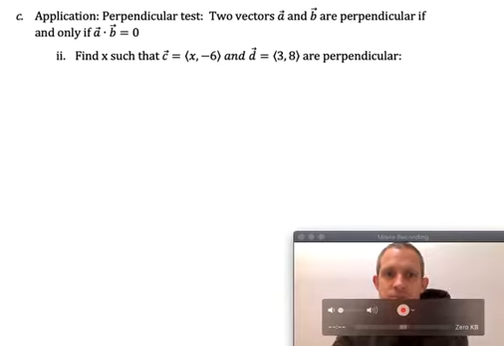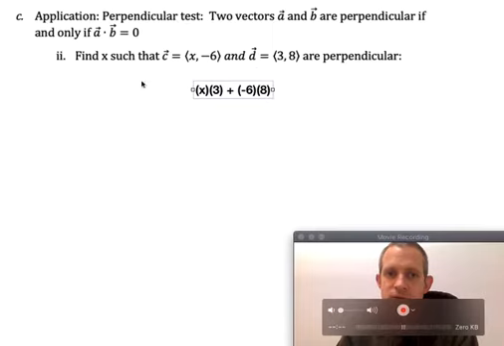So, another application. What if we wanted to create two vectors that are perpendicular to each other? So we want to know what x coordinate we might need here in order to get (x, -6) and (3, 8) to be perpendicular vectors. Well, why don't we start by finding that dot product? And so we would take x and 3 and multiply them, and -6 and 8 and multiply them.